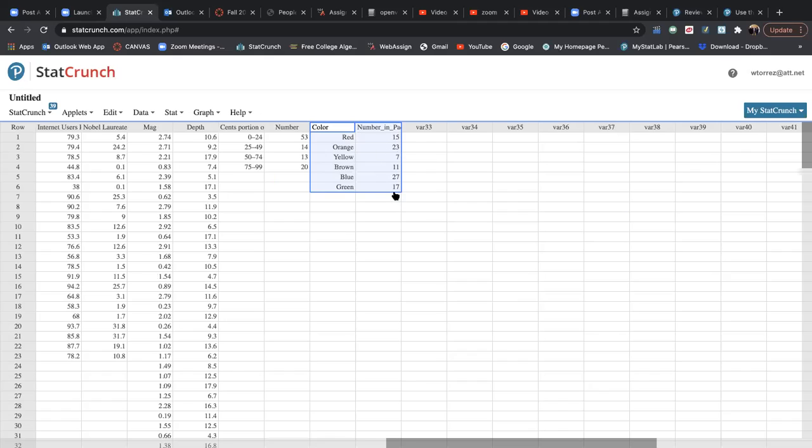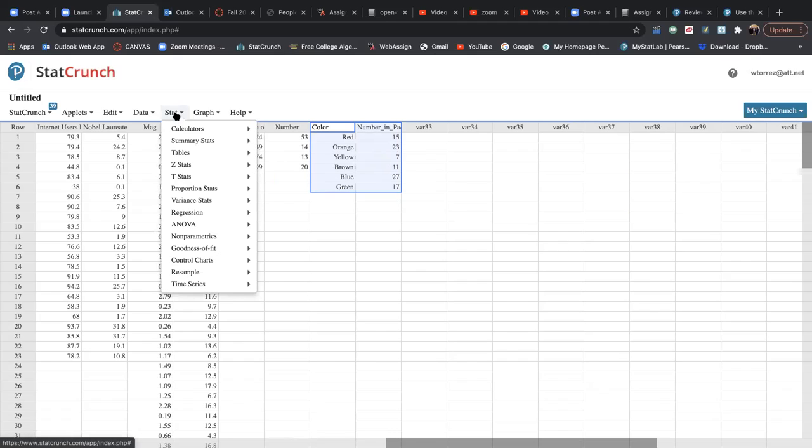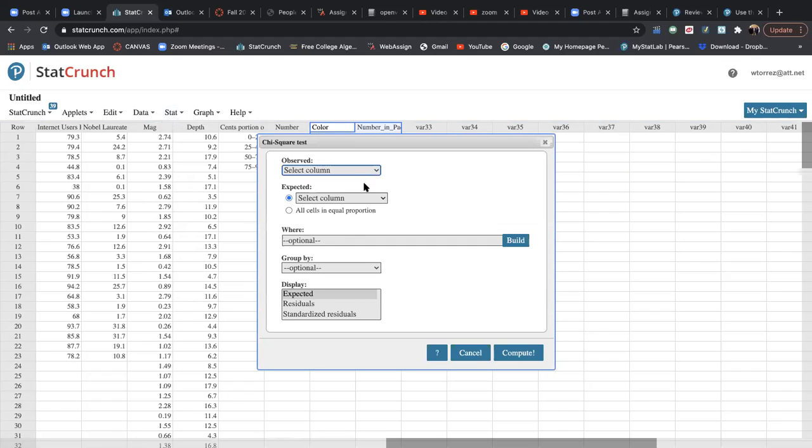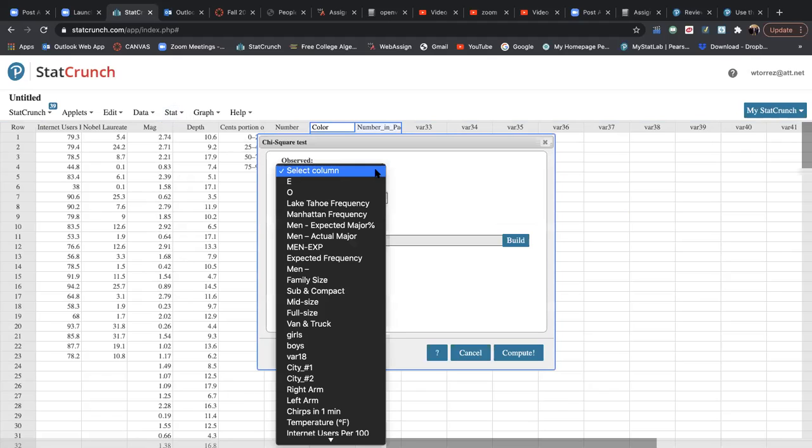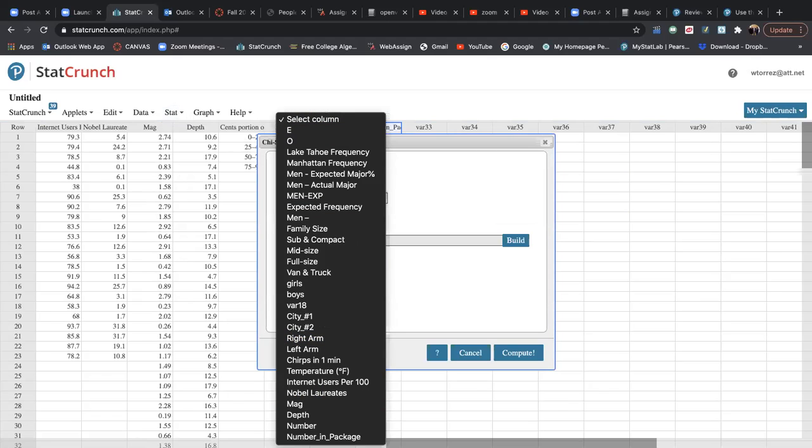And now we can do a goodness of fit test. All right. Let's go to goodness of fit, chi-square, and our observed is right here. And that, of course, is the number in the package.